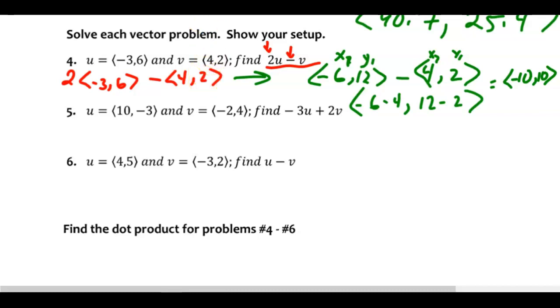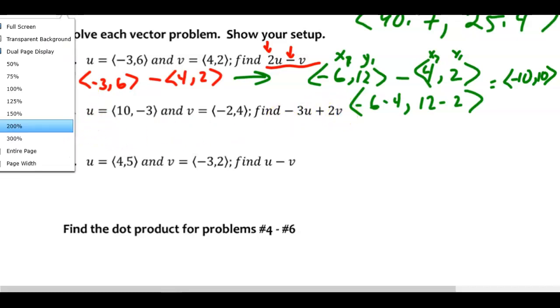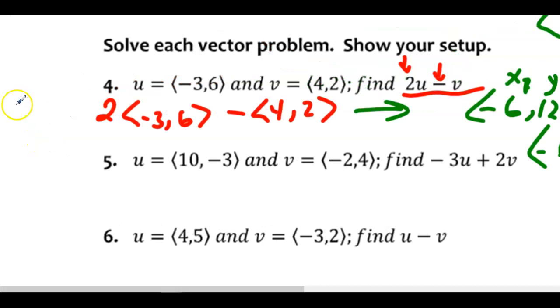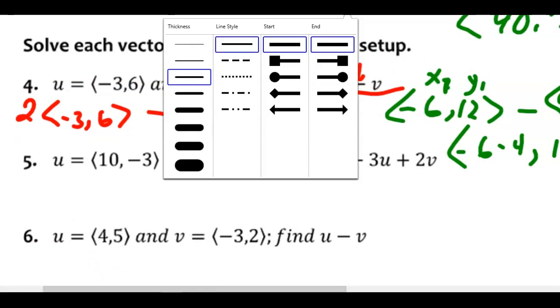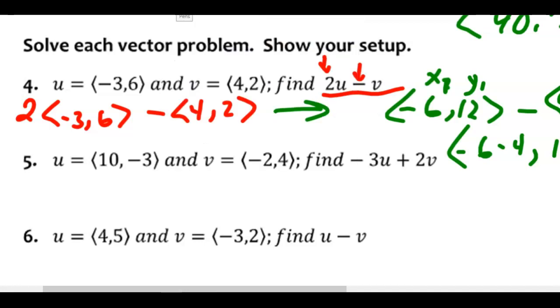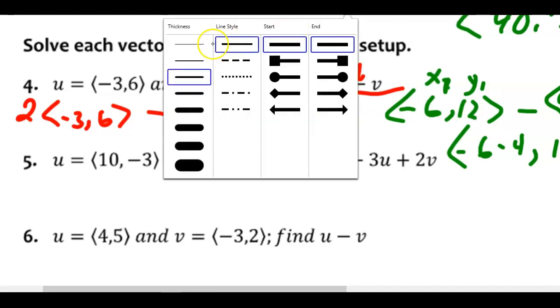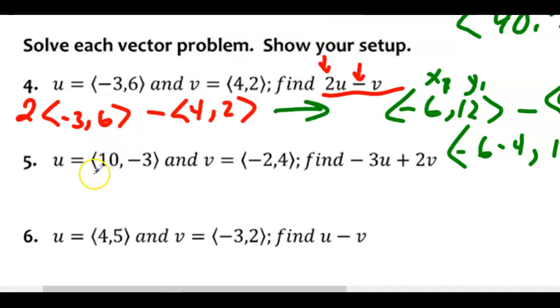For this next one right here, we have negative 3u plus 2v. Let me make this bigger so I can have more space to write. So we have negative 3 times 10, negative 3, plus 2 times negative 2, 4.